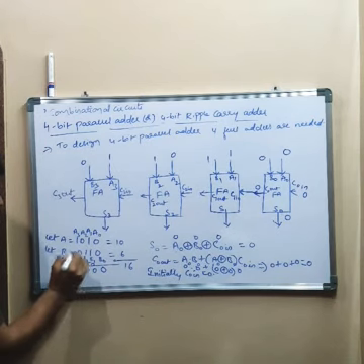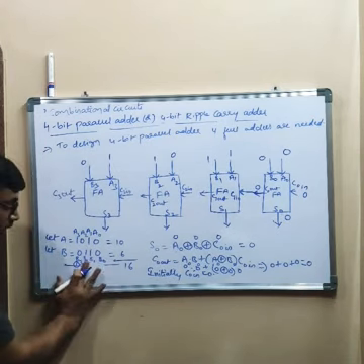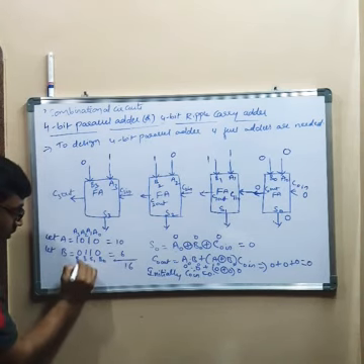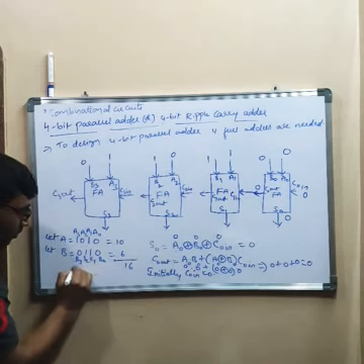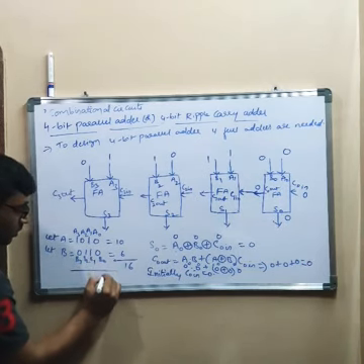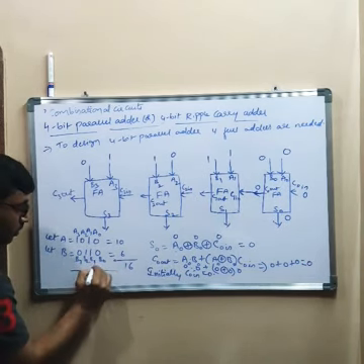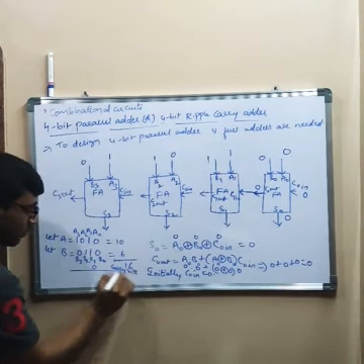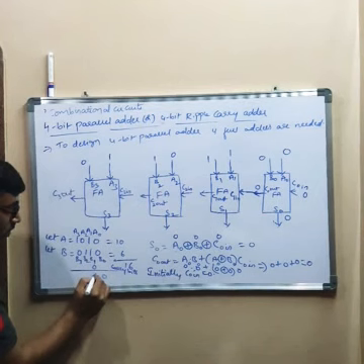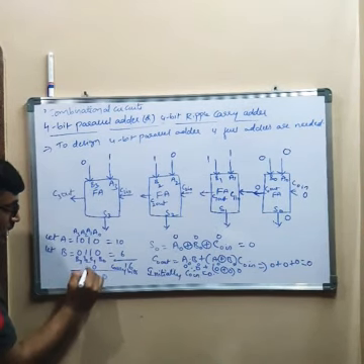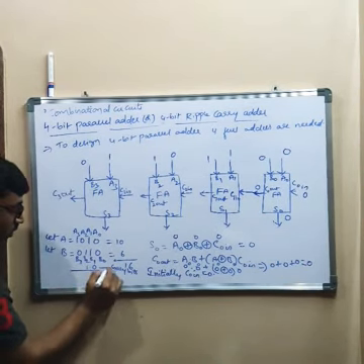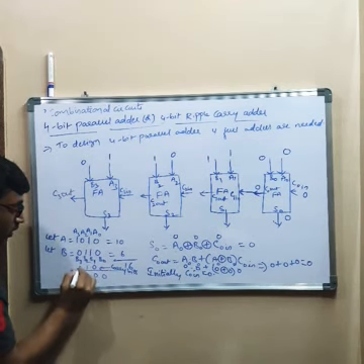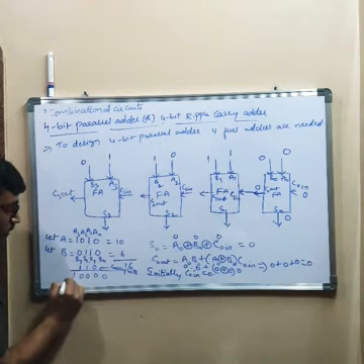This is 1 plus 0 plus, I will write in detail here. This is B3, B2, B1. Sum 0, carry 0, carry bits, right? Next, sum 0, carry 1. Next, sum 0, carry 1.